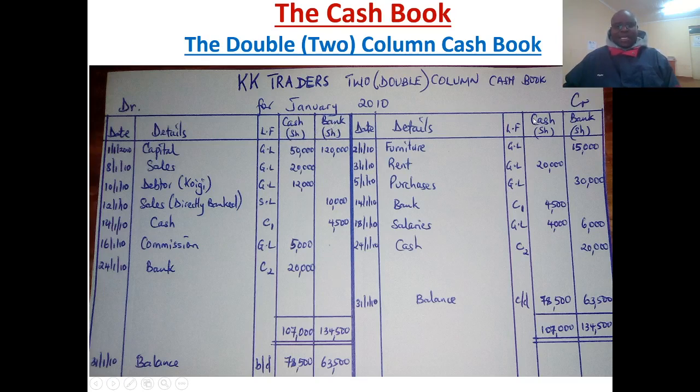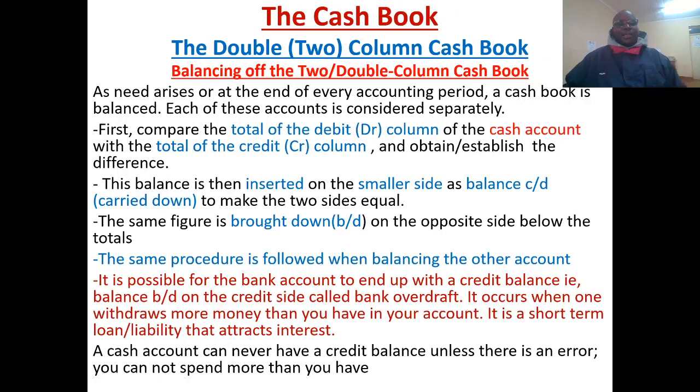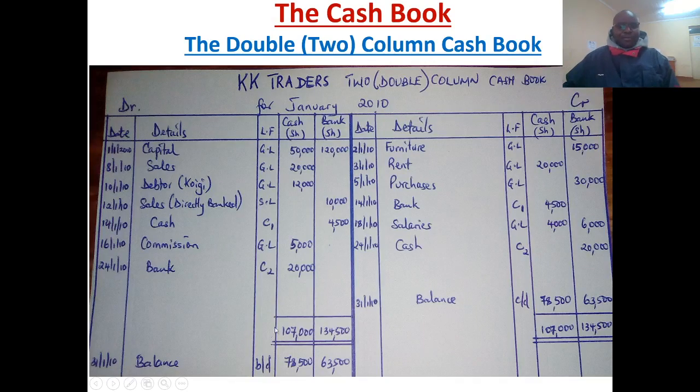Cash and bank on either side. When it comes to balancing, we look at both sides. The side that has a higher amount, we record that amount at the bottom on both sides, and then we look at the difference as we had done with the cash account and bank account.